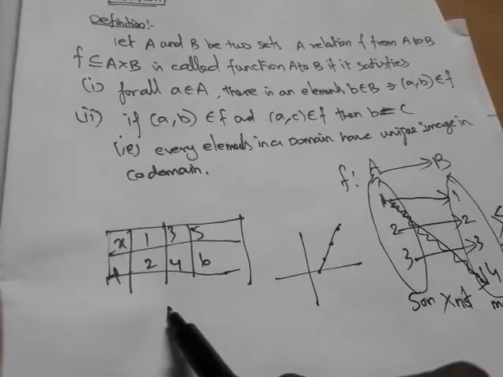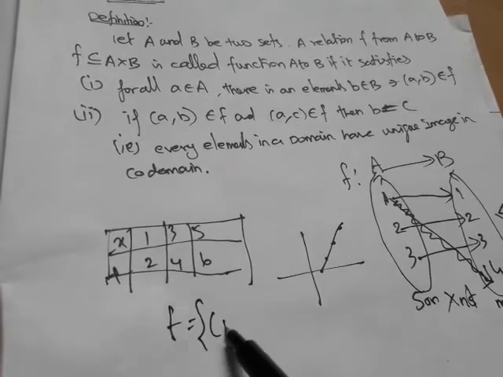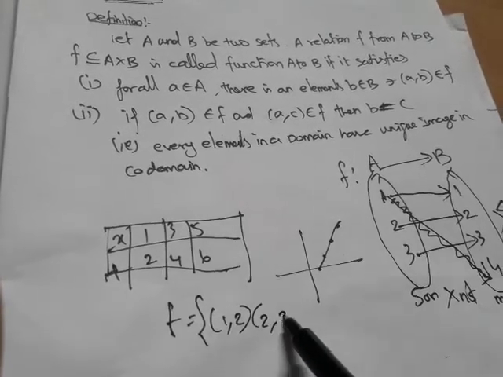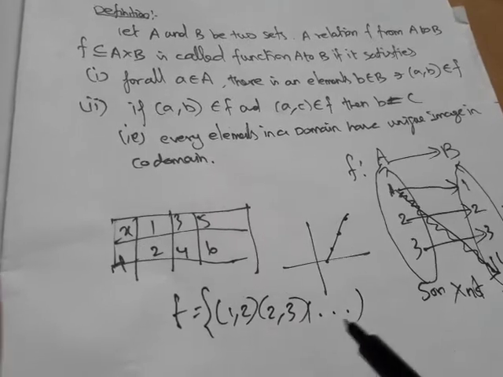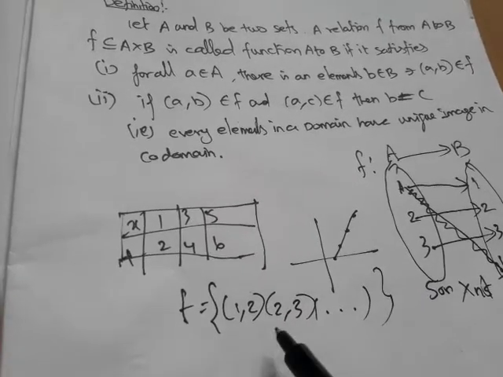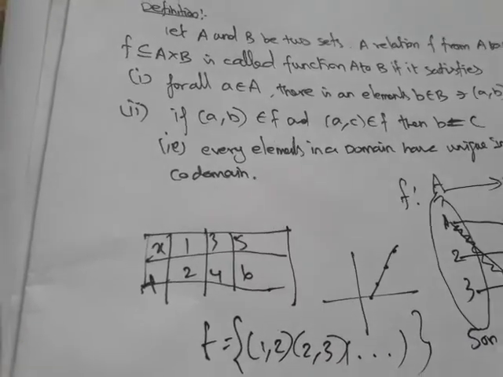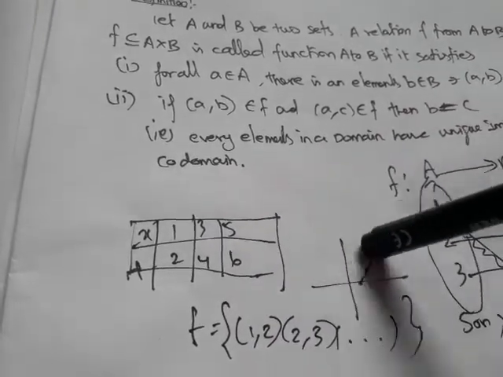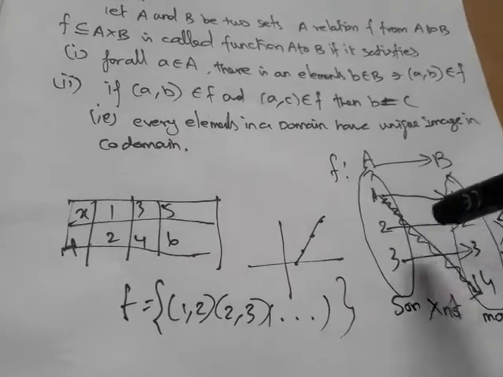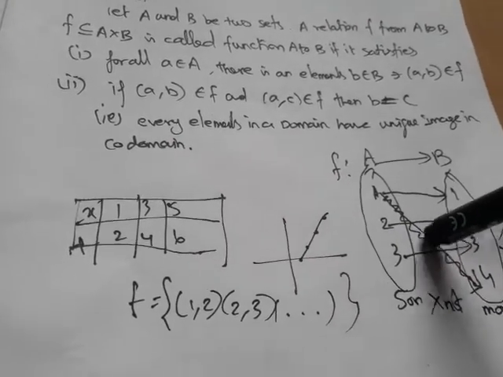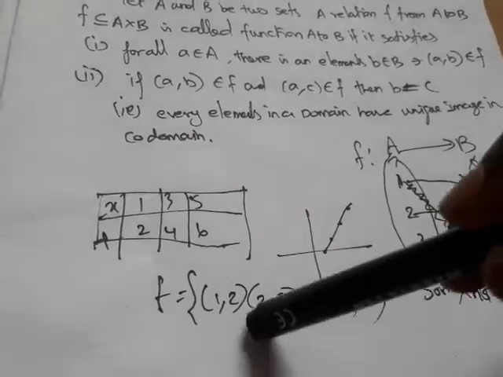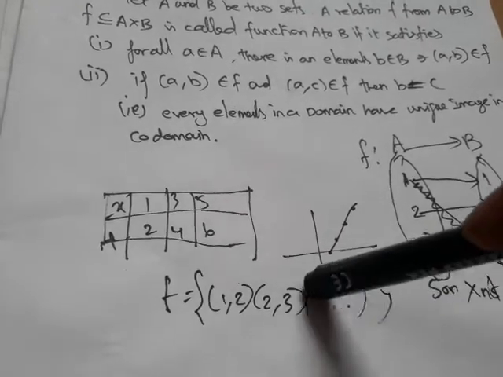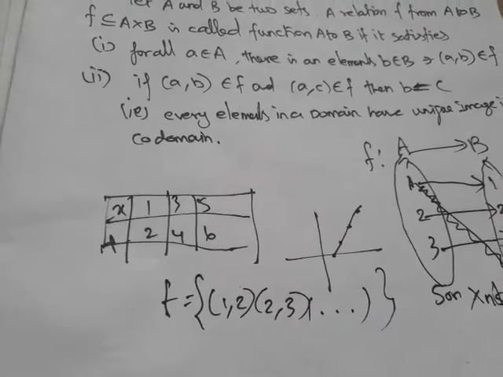Then we studied a set of ordered pairs. Like this also we can represent a function. See, this is a set of ordered pairs. So a function can be represented by tabular form, graphical form, arrow diagram method, or a set of ordered pairs.